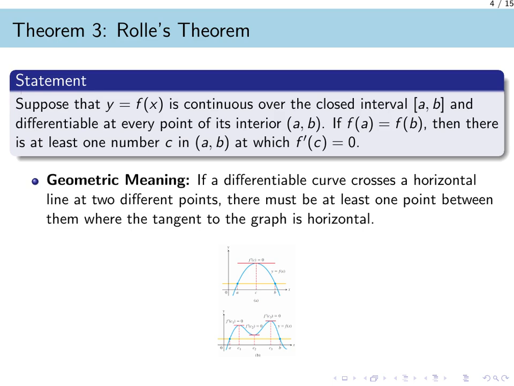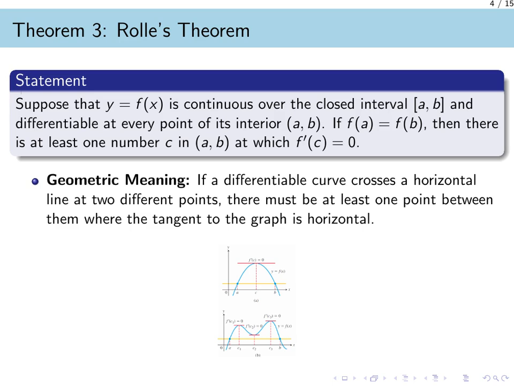Second, it must be differentiable on the open interval between a and b, so the curve is smooth with no sharp corners. Finally, the function's values at the endpoints must be equal, so f of a equals f of b. If these three conditions are met, the theorem promises that there is at least one point, which we can call c, between a and b where the derivative f prime of c equals 0.